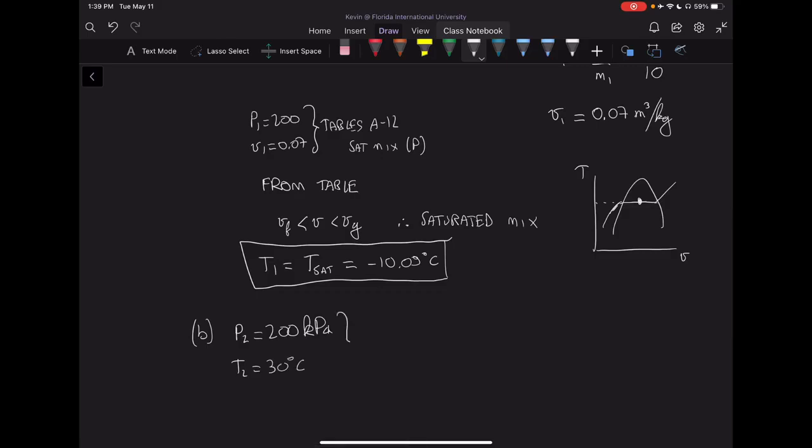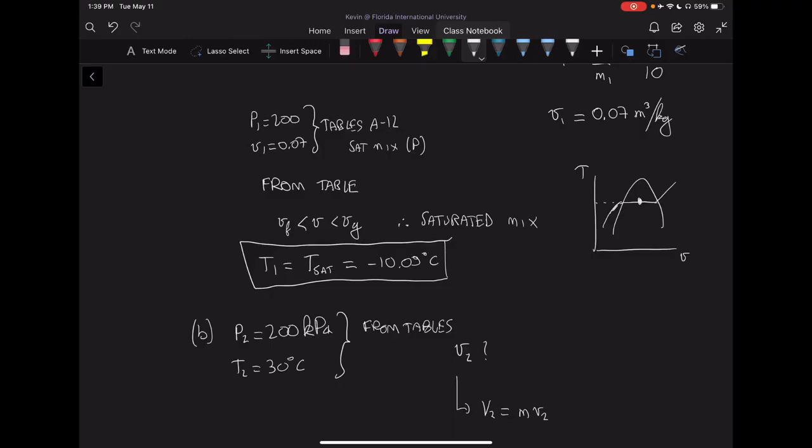Now from the tables, we can figure out what our v2 would be, which in turn, after that, we can do volume 2 is equal to mass times specific volume 2.